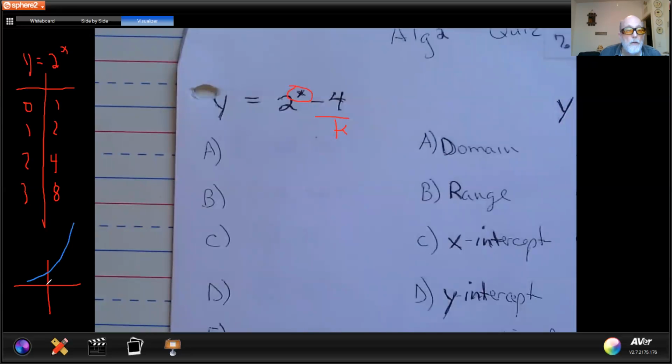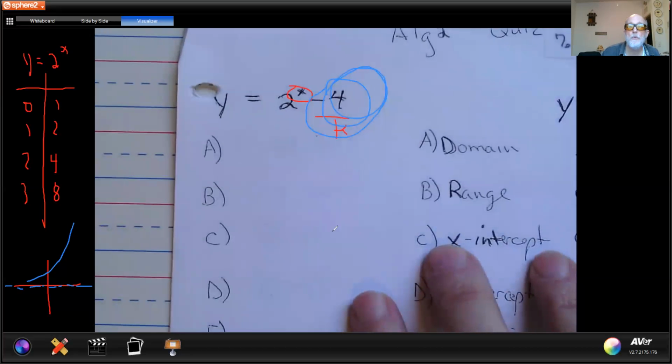But the asymptote was right here on this line. So what does the -4 do for you? It moves the asymptote down. So now the asymptote is at -4. So y equals -4 is the asymptote of the problem.